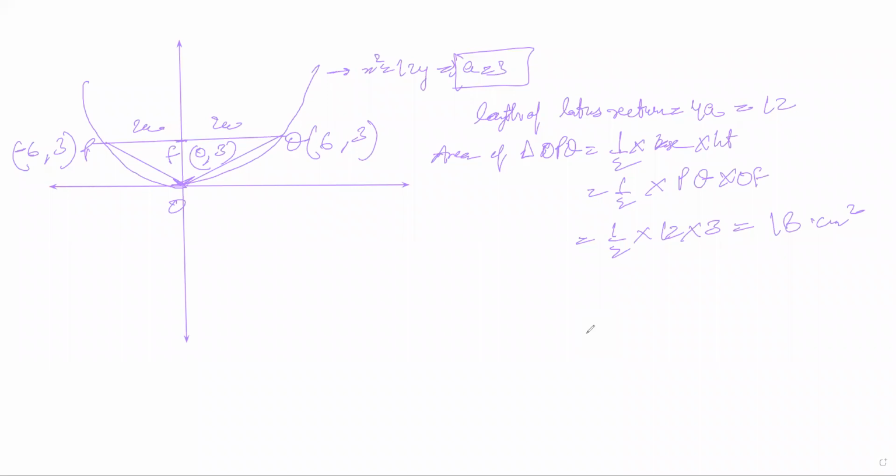A parabola is a set of points, right? Points which are equidistant from the directrix, or rather a fixed line, and from a fixed point. This fixed point is the focus and the fixed line is the directrix.